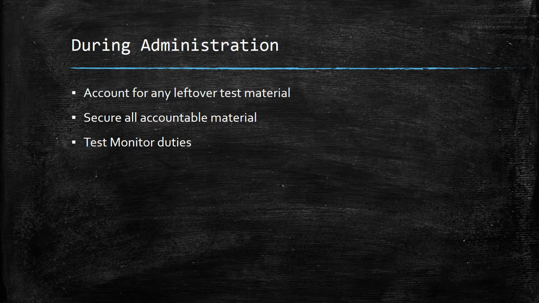Now, I'm not suggesting that you move constantly throughout the test, but periodically you should make your rounds to make sure that they are following the policies in accordance with the regulations. For example, the test administration should start roughly about the same time for everyone that's administering the test. They should be roughly in the same sections of each subtest about the same time.